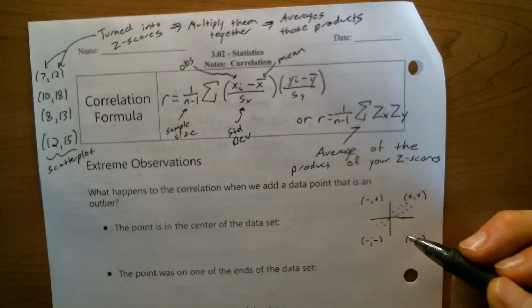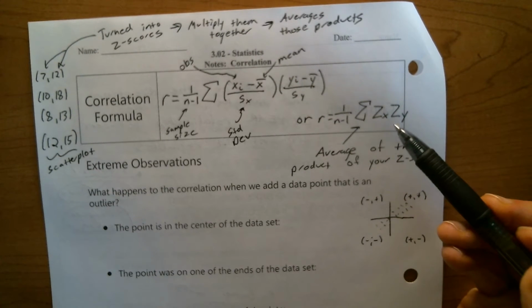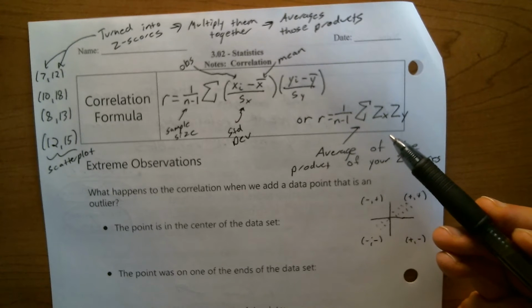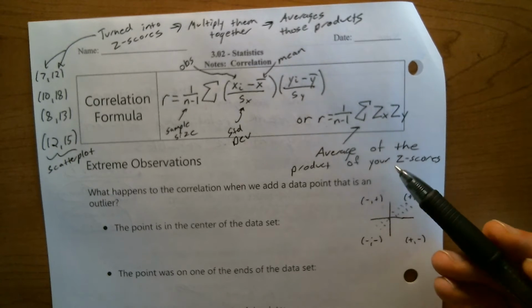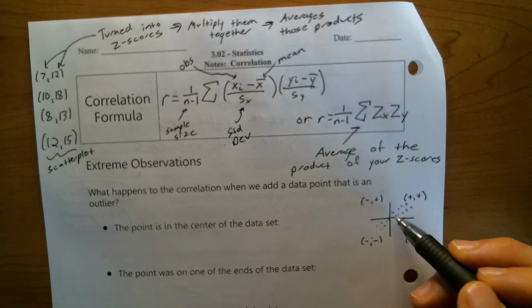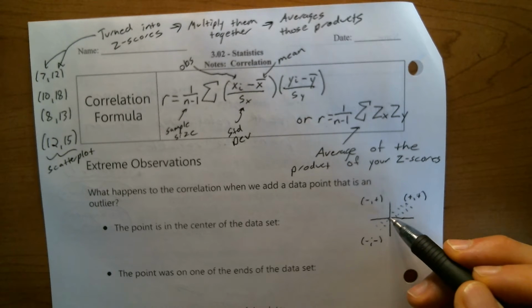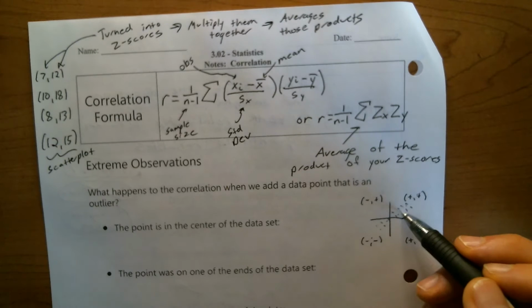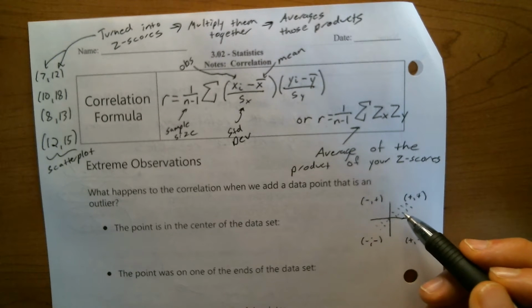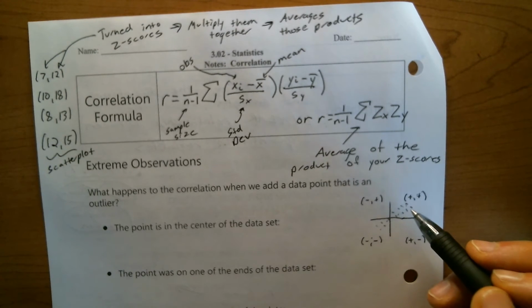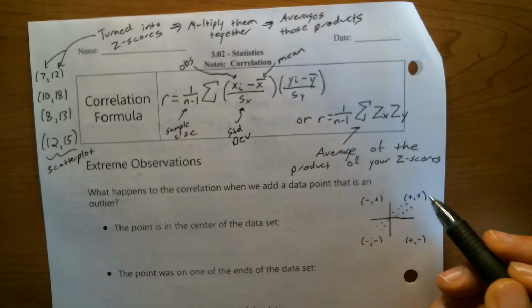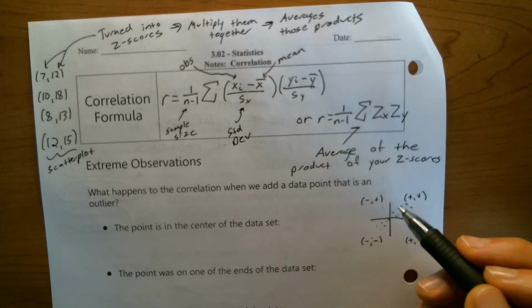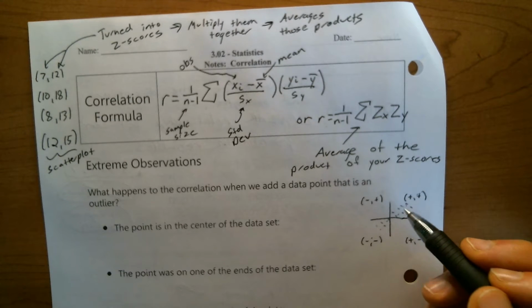Now, if we start to think about this as a product of z-scores, we can see why that would be the case. If you consider the points right at the origin, where the z-scores are 0, and your points are moving up and to the right, you're going to have a positive x z-score times a positive y z-score, which gives you a positive number, because positive times positive is positive.